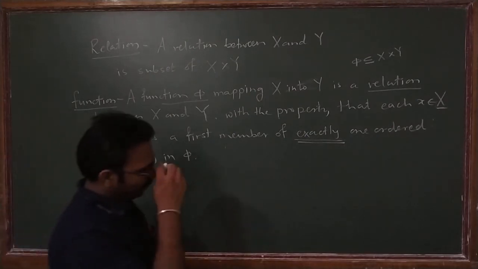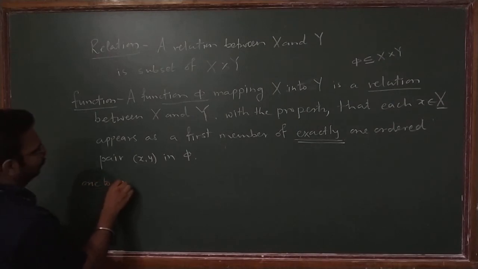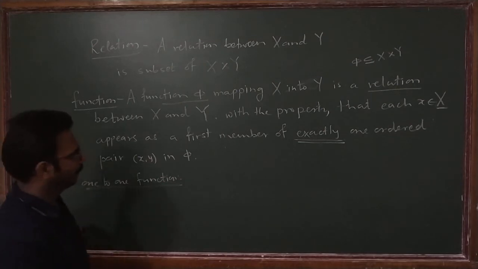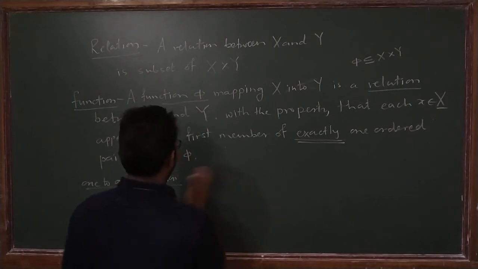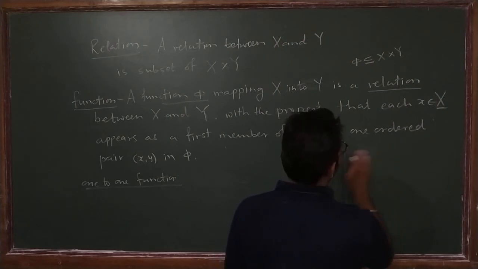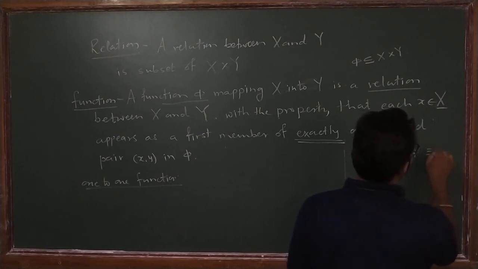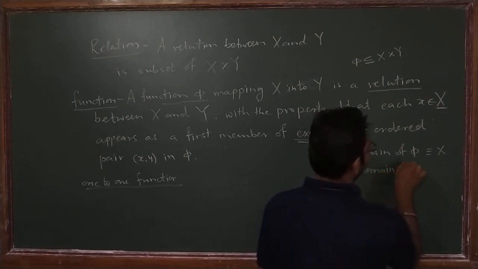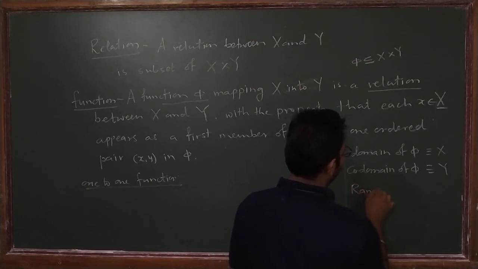Then you might have studied the definition of a one-to-one function. This is a one-to-one function, the function or mapping. If this is the function phi, the domain of phi will be X, and the codomain of phi will be Y. And what will be the range of phi?